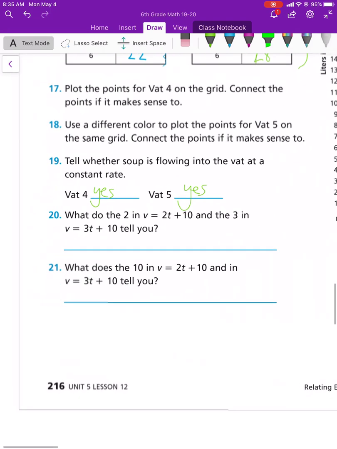Okay, so let's talk about what the 2 in v equals 2t plus 10 and the 3 in v equals 3t plus 10 tell you. What do those coefficients tell you? It's the same thing as what we just talked about. It's talking about the rate, right? Let's just talk about liters per second.